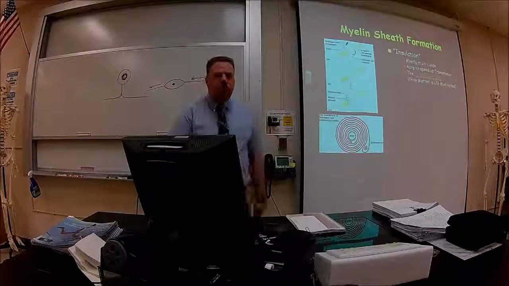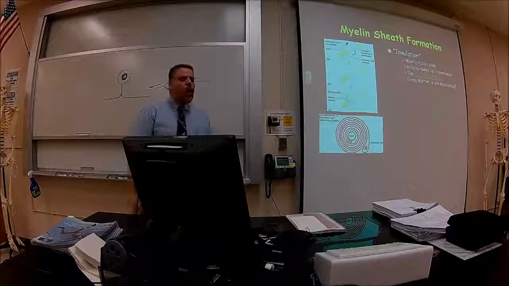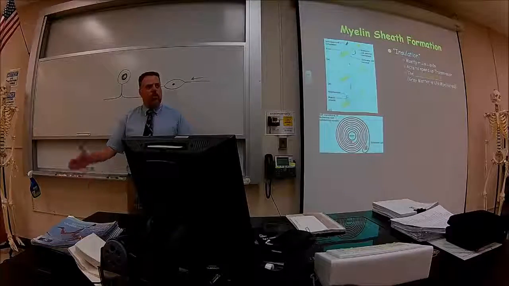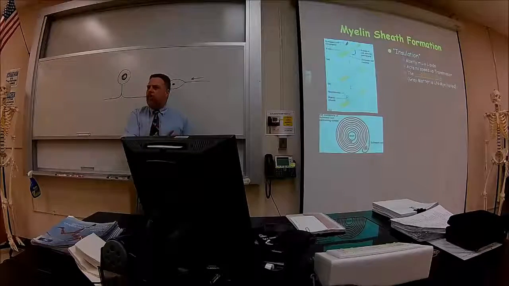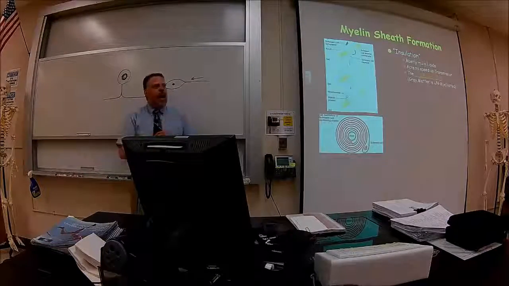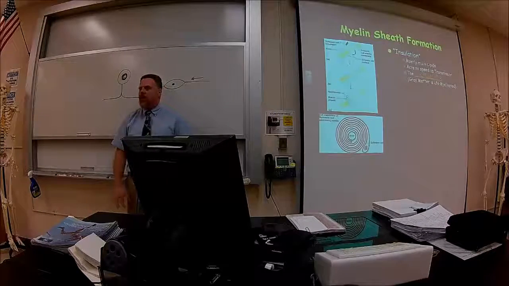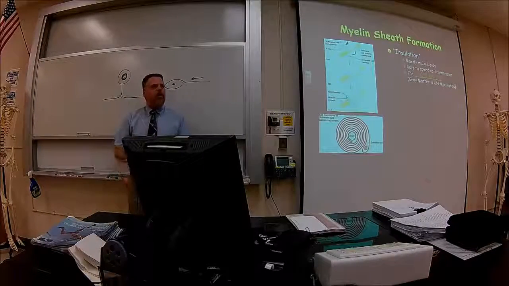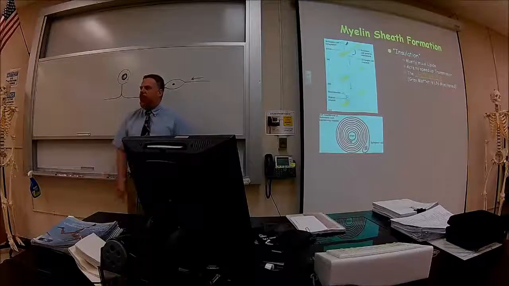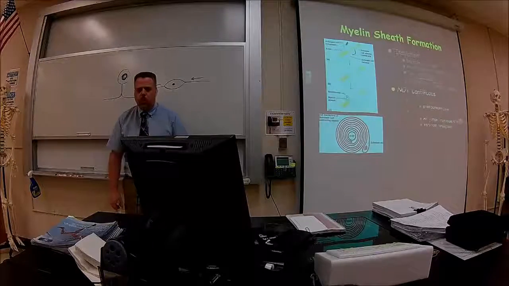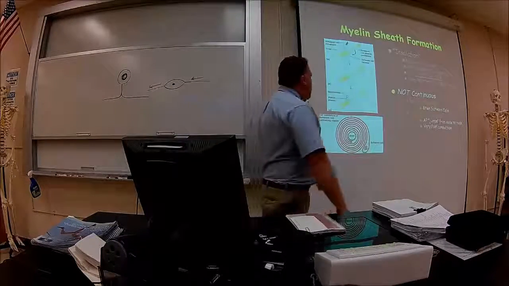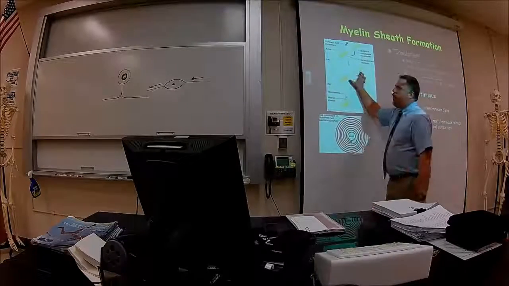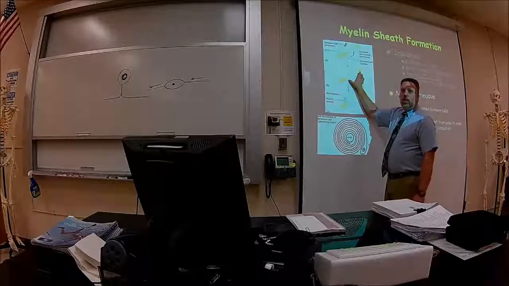Okay? This insulation allows the electricity or action potential to go from one place of the body to another place extremely fast. We call it saltatory conduction. The myelin makes for fast conduction of that action potential. It's not continuous. In other words, we've got one myelin Schwann cell over here, so to say.